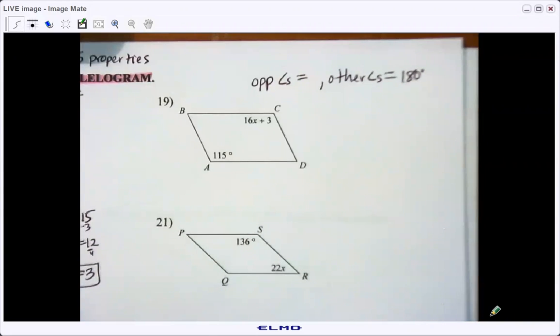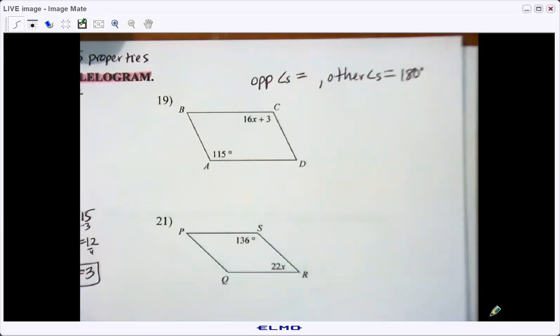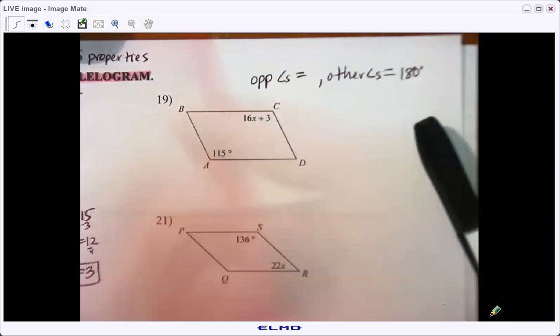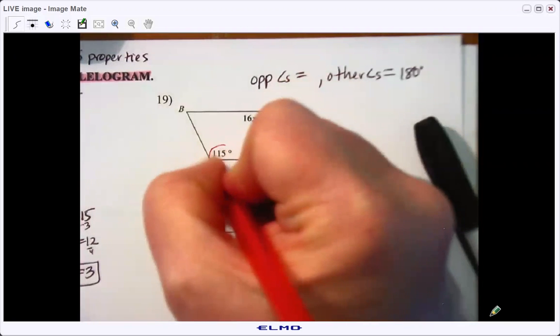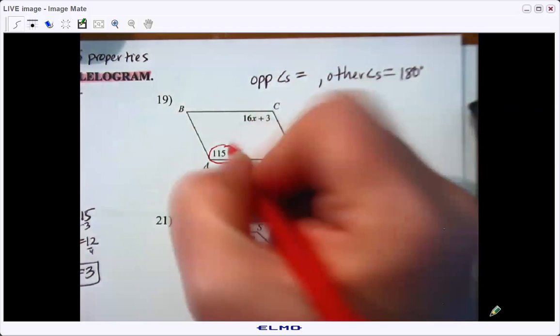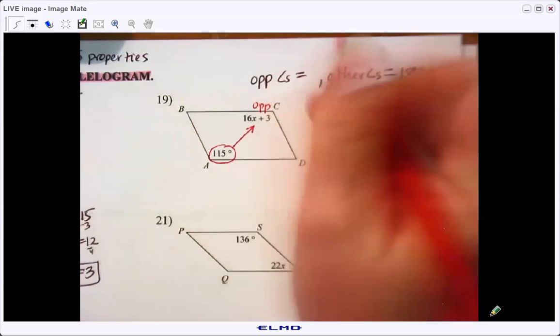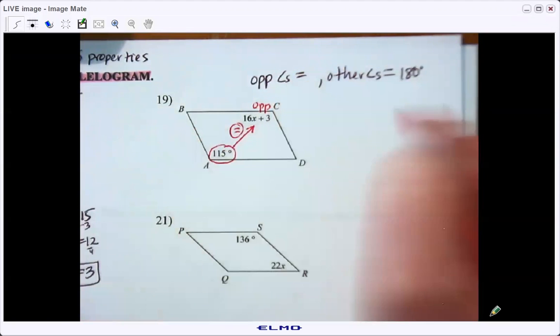If you'll remember, what I suggested is that you find an angle and you draw a line opposite. So finding an angle like 115, draw a line opposite. Are those going to be equal or equal to 180? Equal. Good, because this is an opposite. So yes, they're going to be equal.